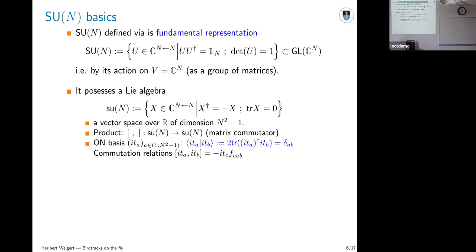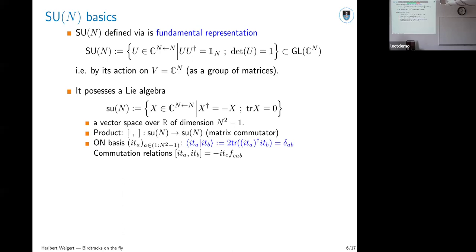satisfies the same conditions. And since it's a finite dimensional vector space, I can always write down a basis. And the interesting thing is, it inherits essentially an inner product from Cn, and it becomes a real inner product. I can therefore choose a basis of orthonormal matrices.